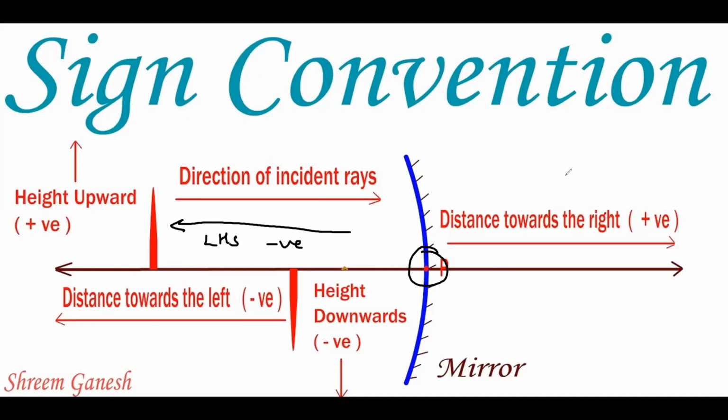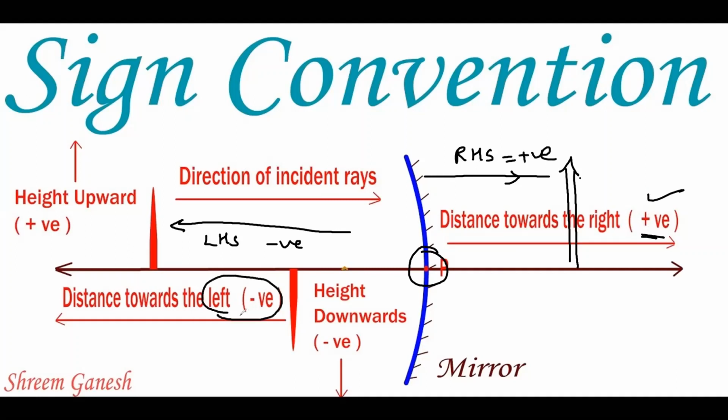For measuring any distance on the right hand side, suppose your image is here, virtual image, and to measure its distance you are going in this way, moving along your right hand side, so this will be positive. Distances towards right is positive. Distances towards left is negative.